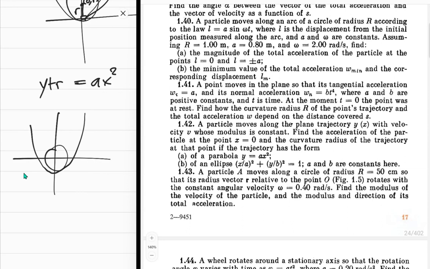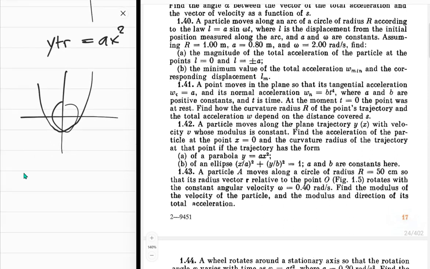Okay, cool. And after this, what we want is to write everything in polar coordinates. This is going to be awesome. Of course, this will be awesome. Yeah, right.